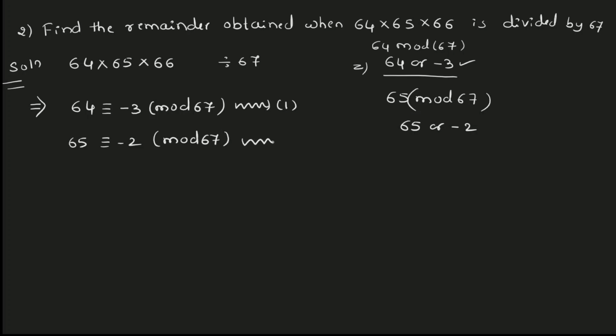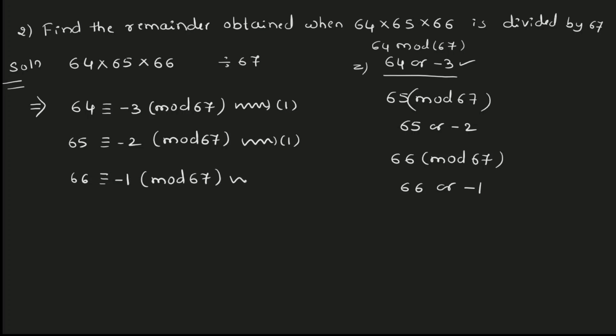Call this equation 2. And 66, same: 66 mod 67 is again less than 67. The remainder is either 66 or 1 less than 67, so minus 1. So 66 is congruent to minus 1 mod 67. Call this equation 3.